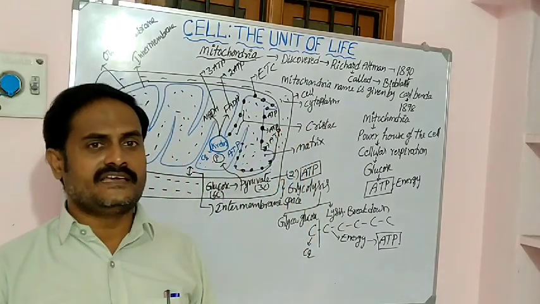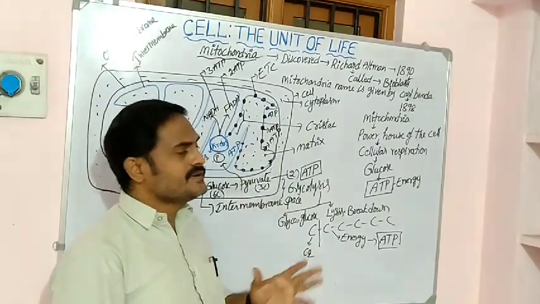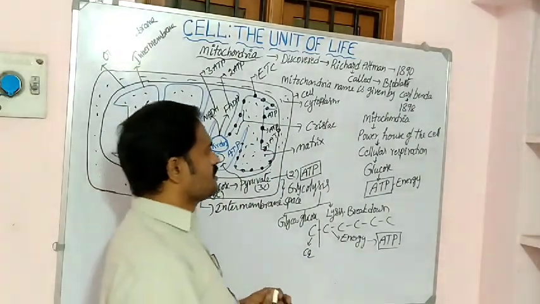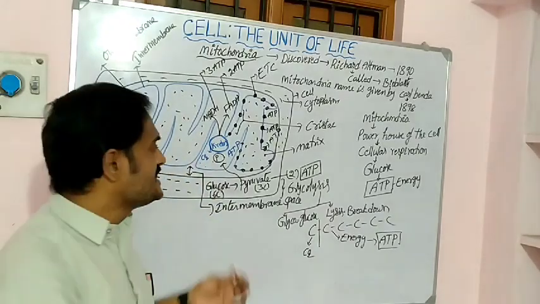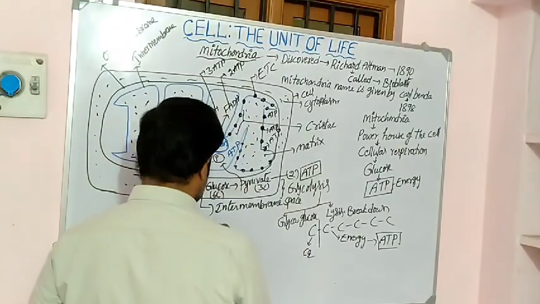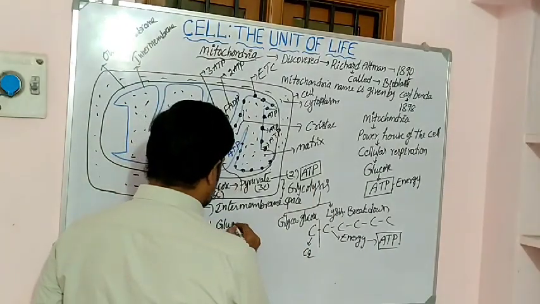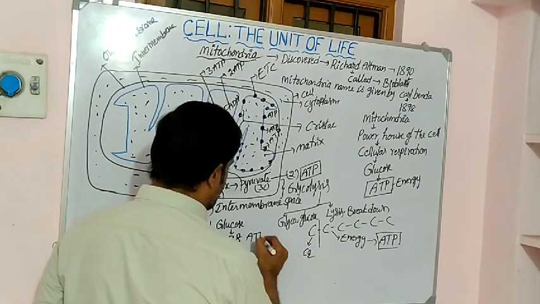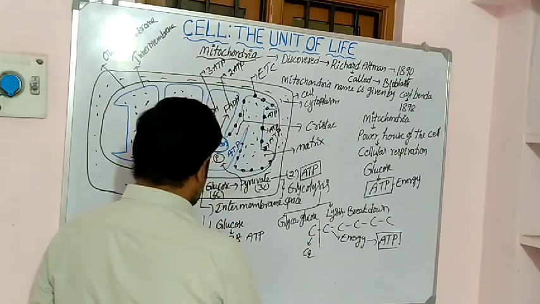And finally, after completion of the electron transport, one glucose molecule gives 38 ATP molecules.